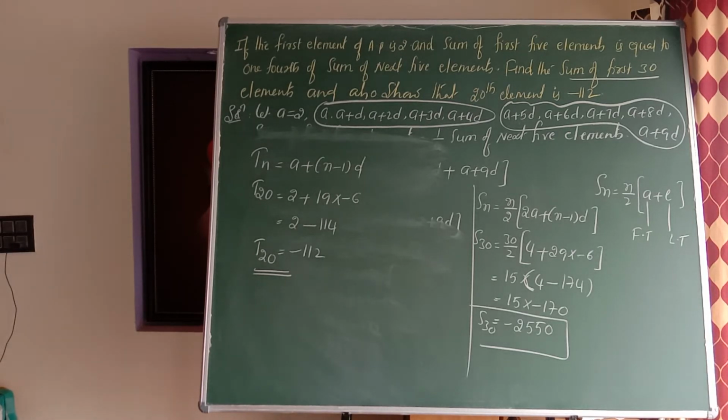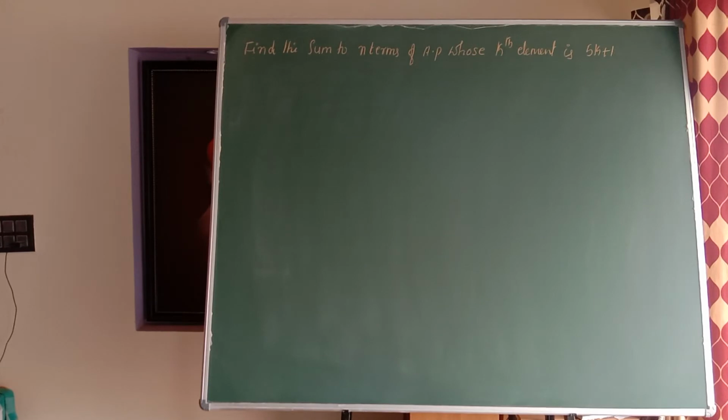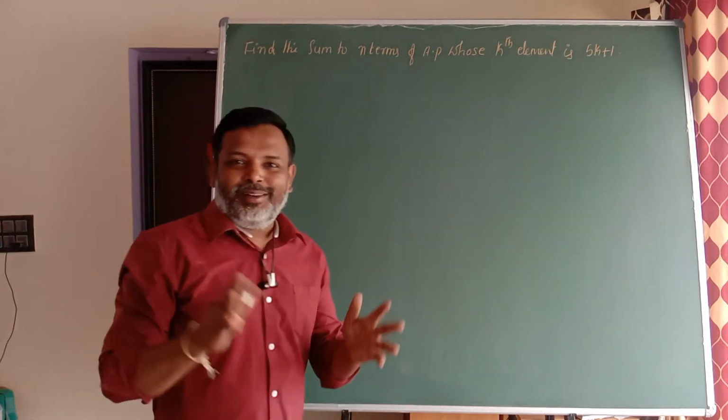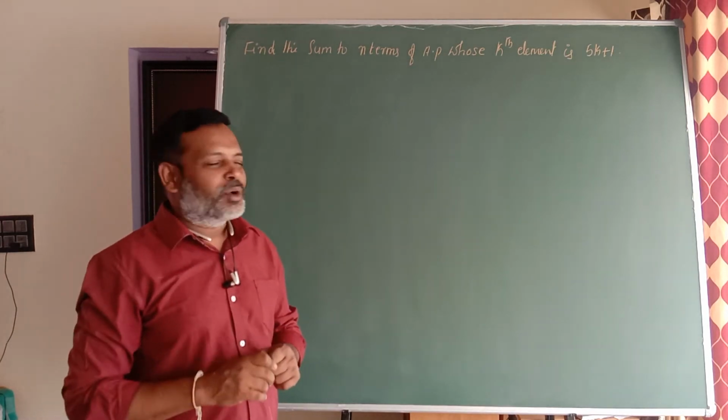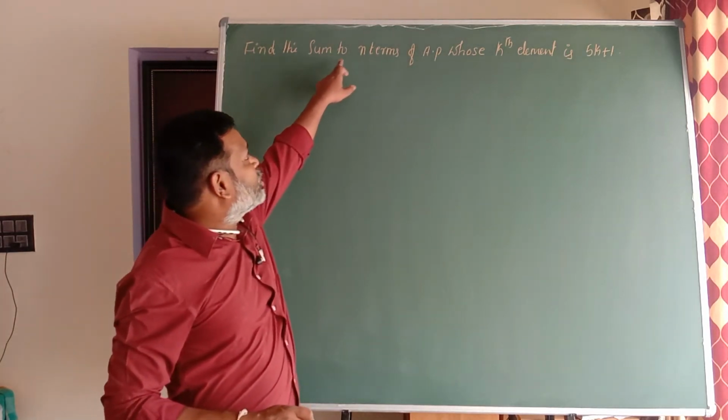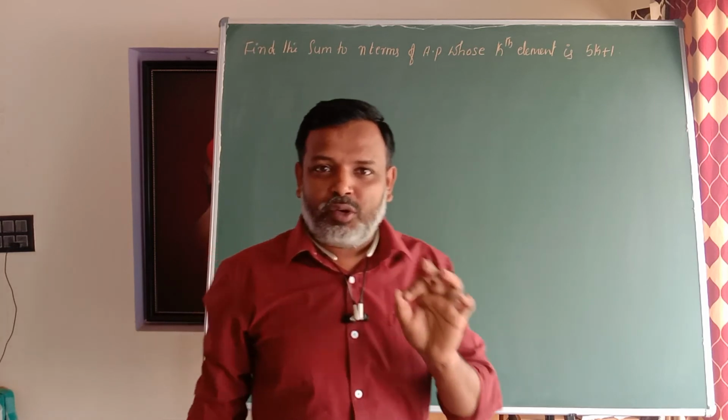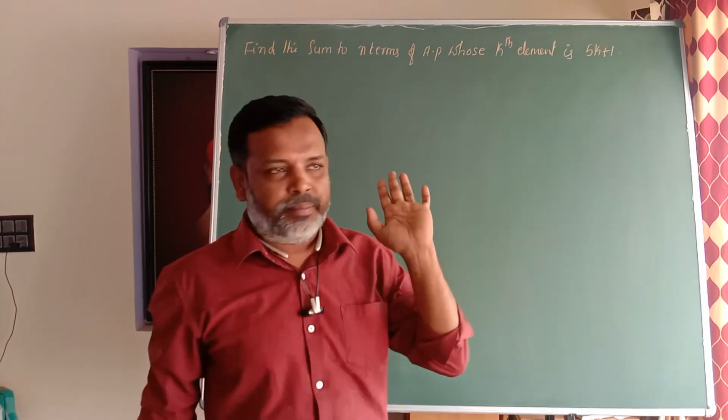Okay, look at the problem. Look at this very beautiful question, dear student. What is the question here? It is very easy. Find the sum to n terms of an AP. This is a question related to arithmetic progression.